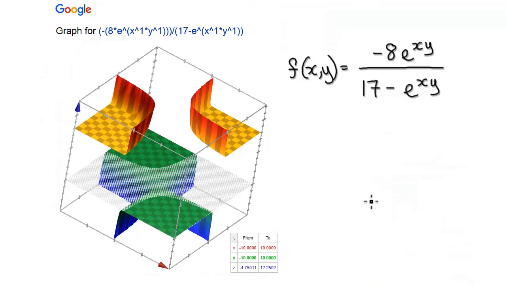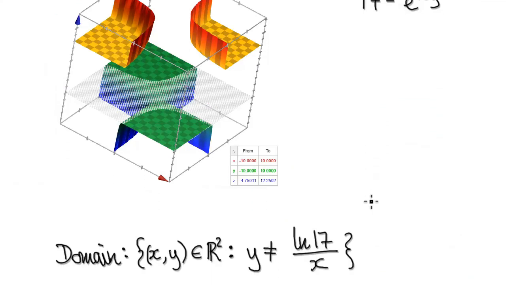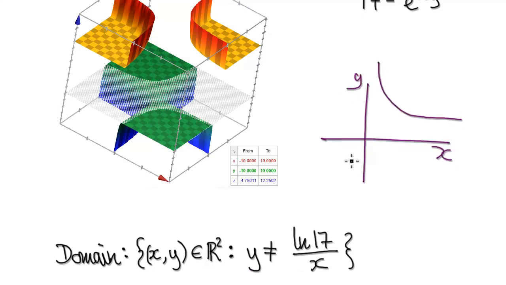So your domain can be written as this: xy on the 2D plane such that y cannot be this thing here. So when you look at this thing here, in your mind, picture the xy plane very similar to 1 over x, which will look something like this. The domain can be anything on here except from this line and this line.